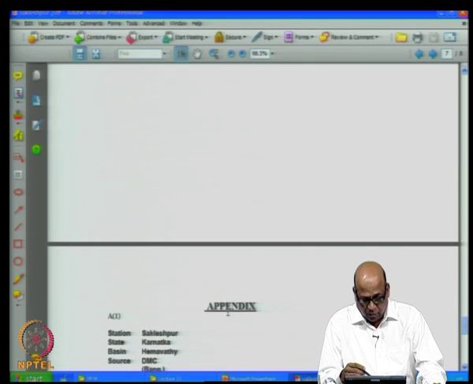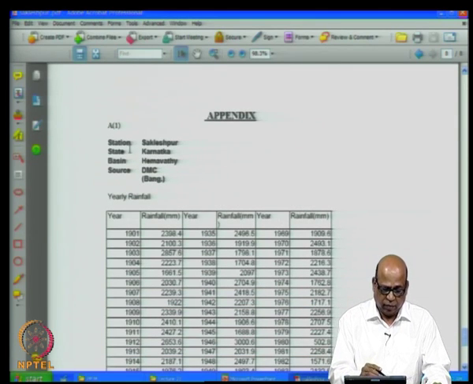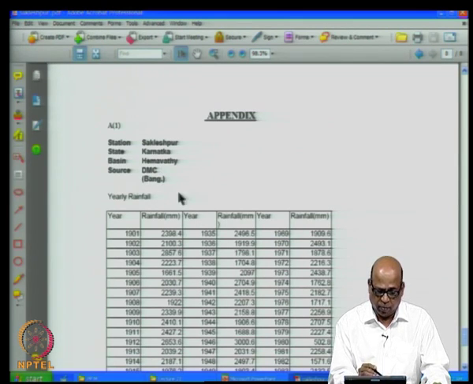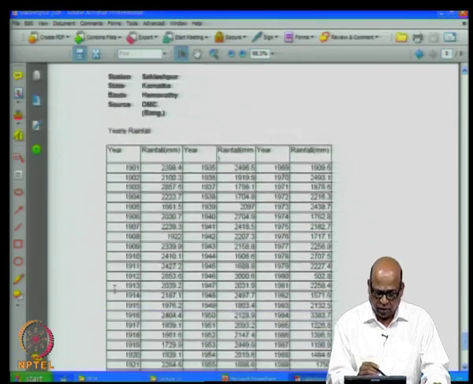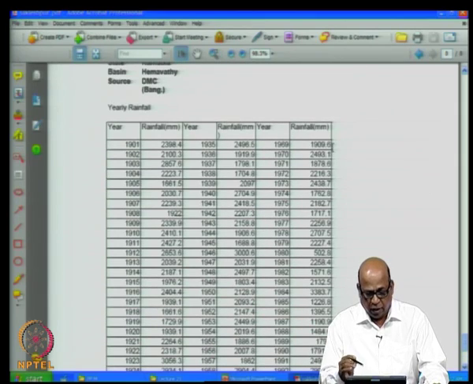Now, in this PDF file I have given you the complete data. The station is Sakleshpur, state is Karnataka, basin is Hemavati. The source used to be called the drought monitoring cell, now it is called the disaster management cell or some similar name, located in Bangalore. We have obtained the data from this source and I am giving it here. You can use this as an exercise.